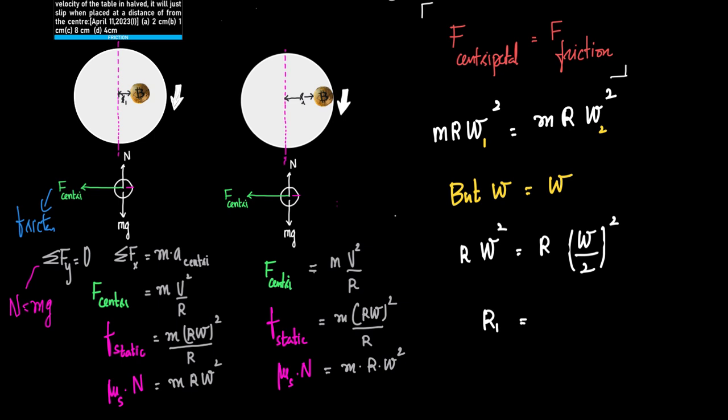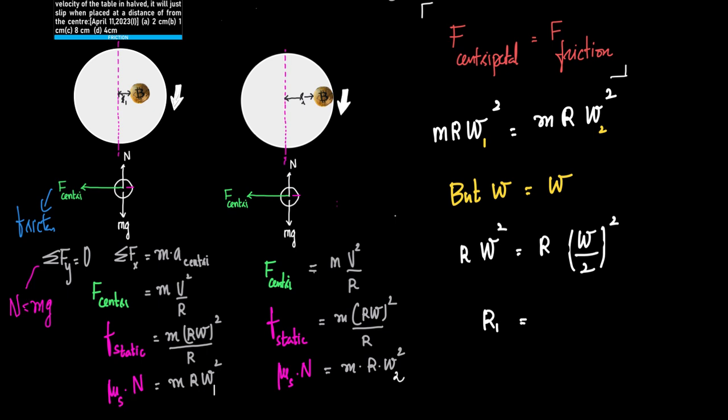Okay. Now, you may be wondering what is the difference between these two. The difference between these two is that the angular velocities are different. So this is actually omega 1 square and this is omega 2 square. However, what remains the same is the value of mu s into N. Why? Because in both the cases, mg is the same because it is the same coin which is kept at two different positions.